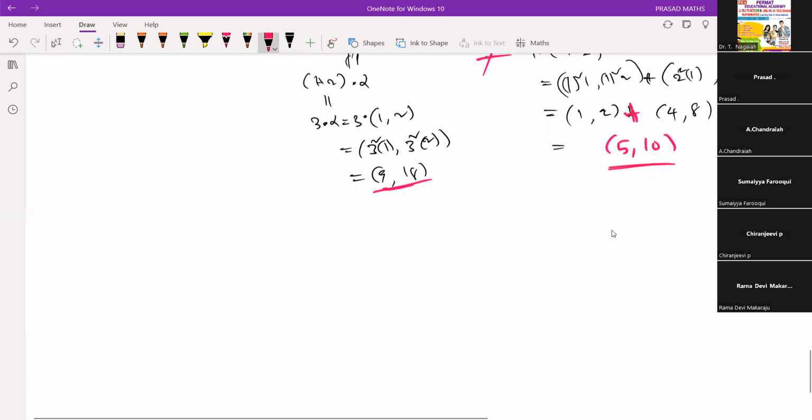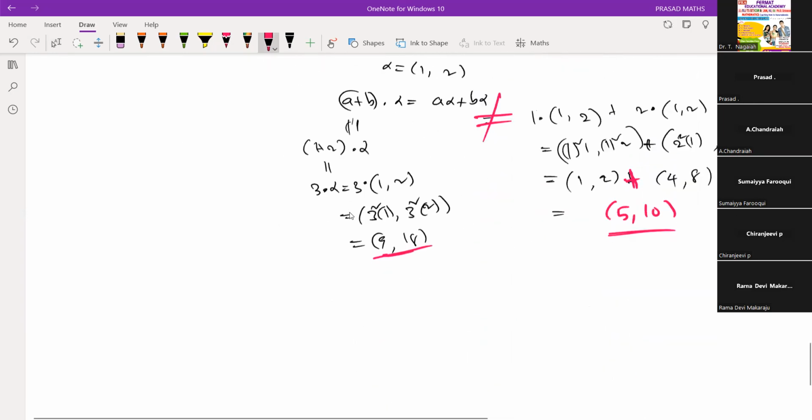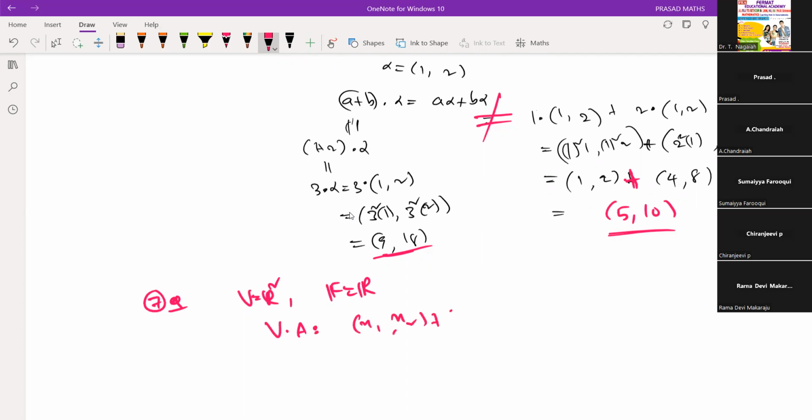Suppose instead of taking a square, you take V equals R2, F equals R. Suppose my vector addition is fixed: (x1, x2) plus (y1, y2) equals (x1 plus y1, x2 plus y2).